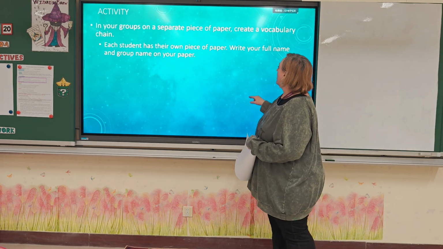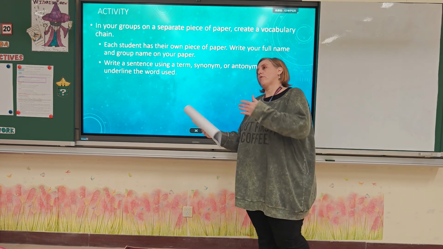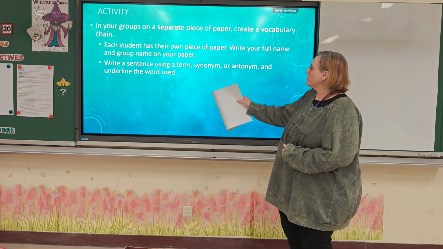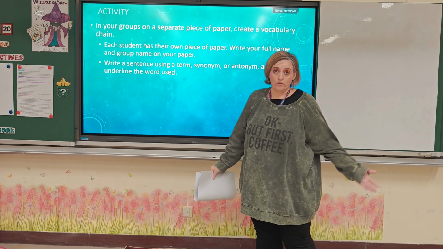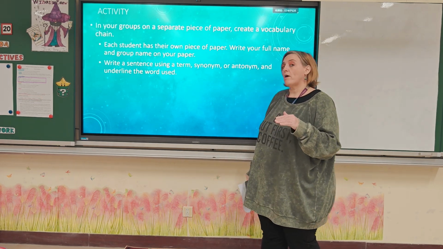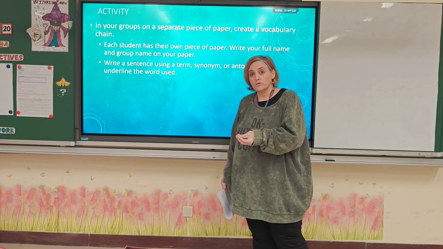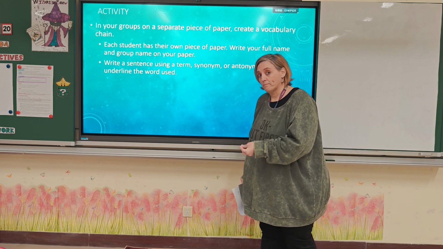All right, so then they're going to write a sentence using any term, synonym, or antonym, but I will change that. Any terms or synonyms that we've learned over the week. And so they use that. If you think about it, my students will have 15 terms, and then they will have 3 synonyms per term.